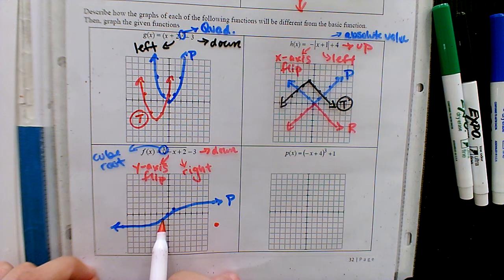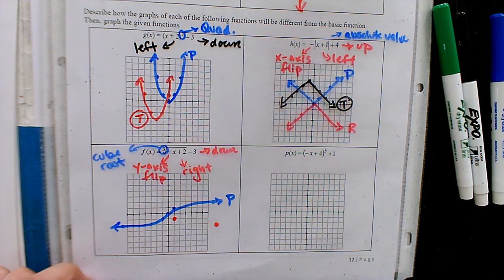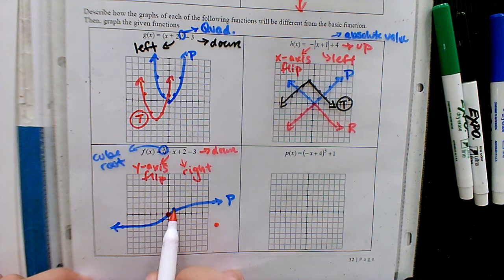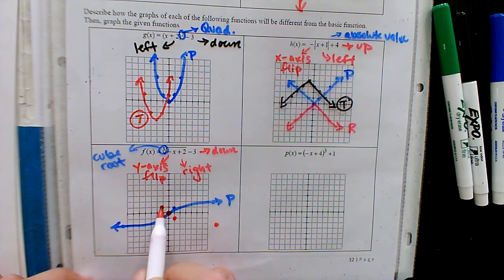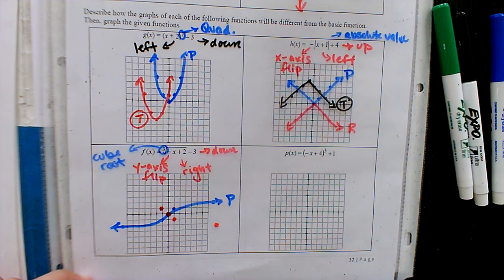The next point at -1, if we fold it over, will land at +1. The origin is going to stay right where it is. The next point, though, is at positive 1, and if we move it over to the left, it's now at negative 1. And the last point at positive 8 on the x-axis would move over to negative 8.